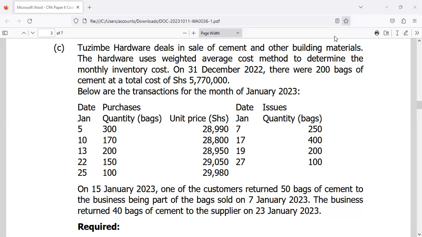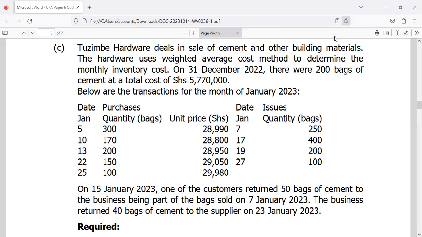Now, in the weighted average cost method, the cost of goods available for sale is divided by the number of units available for sale and is commonly used when inventories are so melded or identical to each other. That is where it is impossible to assign specific costs to single units.